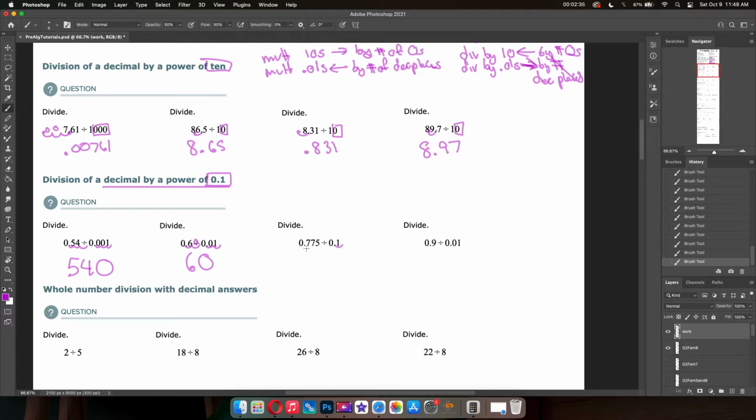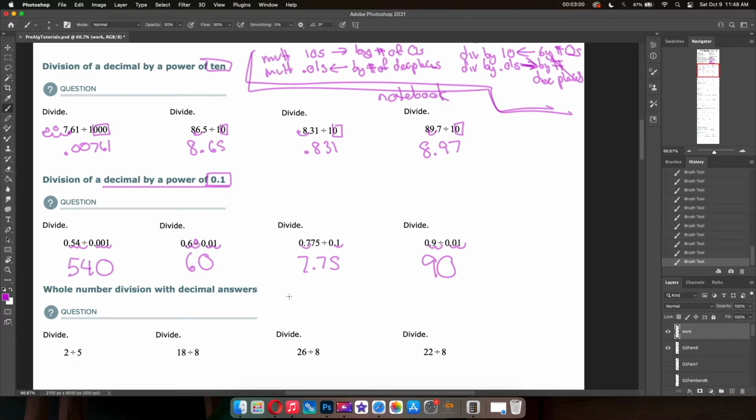Here I have a decimal of 1, so I move it over 1 to get 7.75, 7 3/4. Here I'm dividing by 1, 2 spaces, so I move it over by 1, 2 spaces to get a final answer of 90. So again, this right here, you're going to want in your notebook as reference until you've internalized this enough that you can do it on demand.